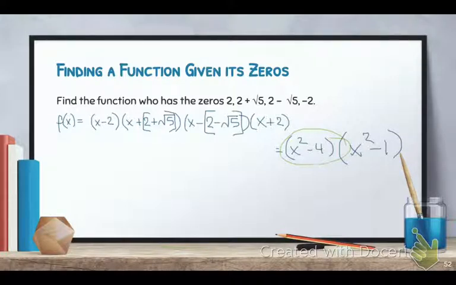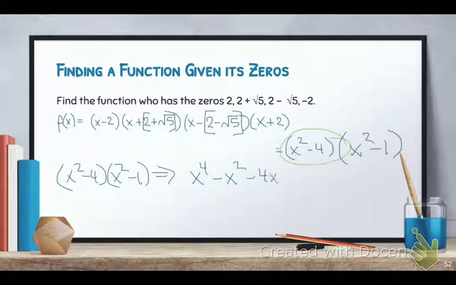So if I FOIL those out, I get x squared minus 4, right? And it's going to FOIL out with x squared minus 1. That gives me x to the 4th power minus x to the 2nd power minus 4x to the 2nd power plus 4, right?